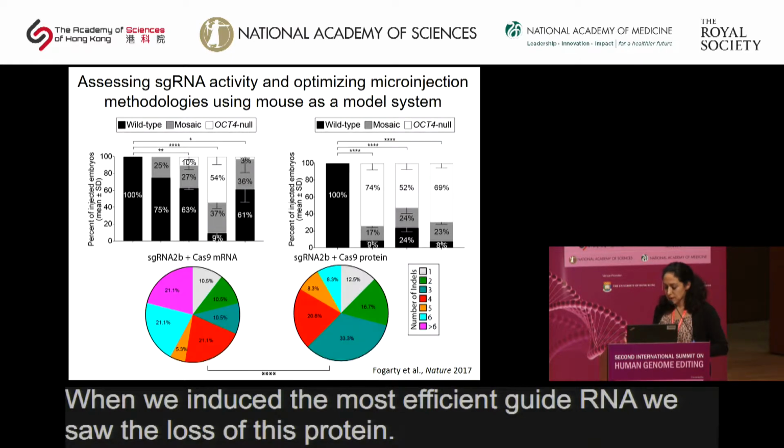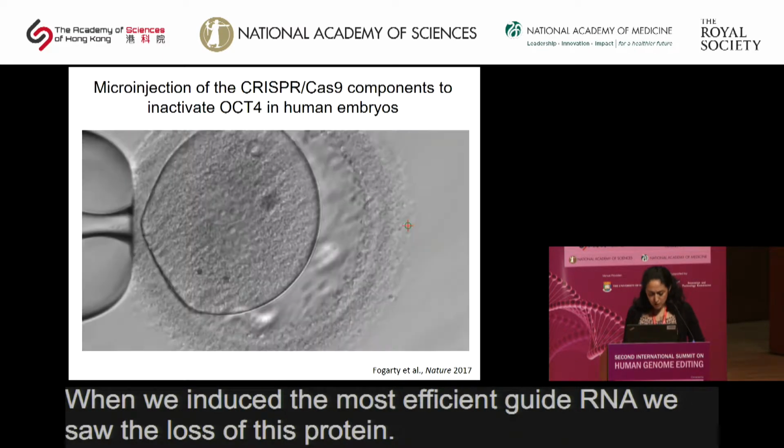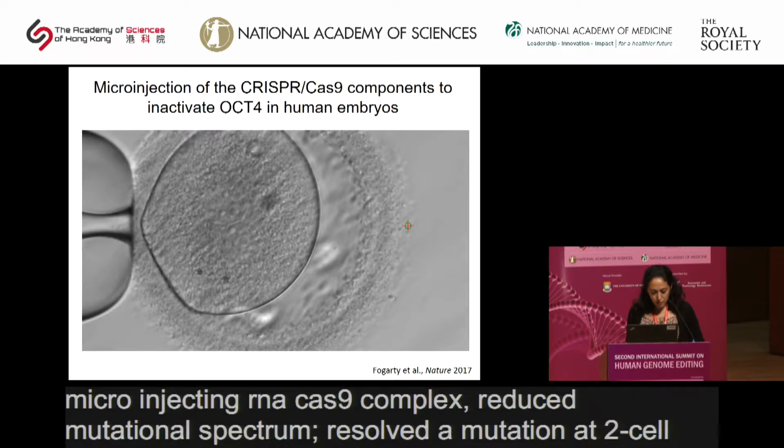What we identified is that by microinjecting the ribonucleoprotein complex of Cas9 together with our guide RNA, we saw the highest proportion of OCT4 null mutant mouse embryos, and we saw a reduced mutational spectrum, suggesting that the microinjection of the CRISPR-Cas9 components into zygotes resulted in indel mutations at the 2-cell stage or earlier in the majority of mouse embryos. So with those methodologies, we then microinjected the CRISPR-Cas9 components as a ribonucleoprotein complex directly into human embryos.